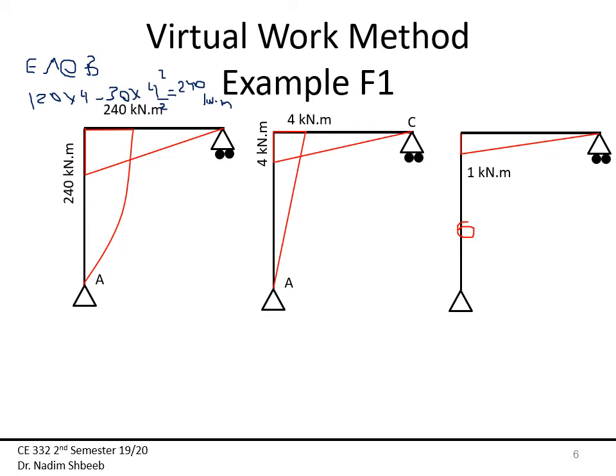So now, as I said, we're going to multiply the area of the real frame times the corresponding value at its centroid from virtual frame number 1 or 2.